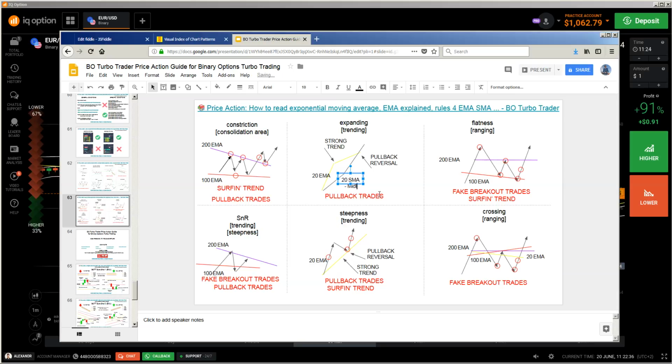So let me write this. I should have written down that it is also the middle Bollinger Band. So that is this one.